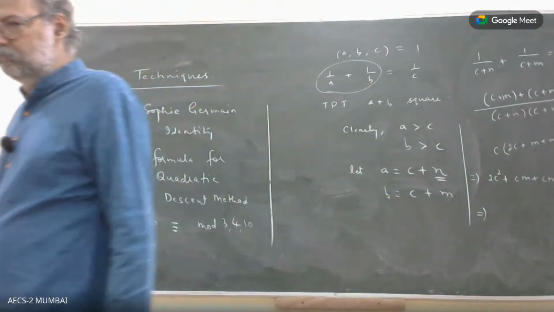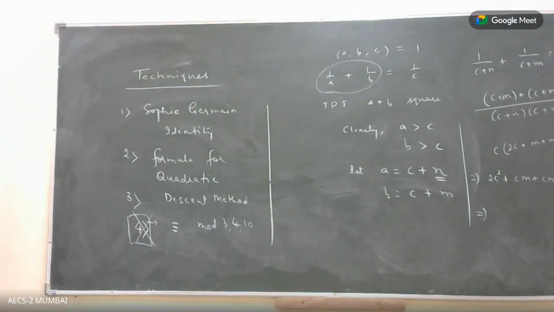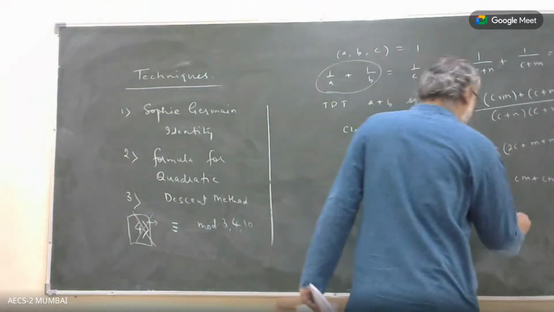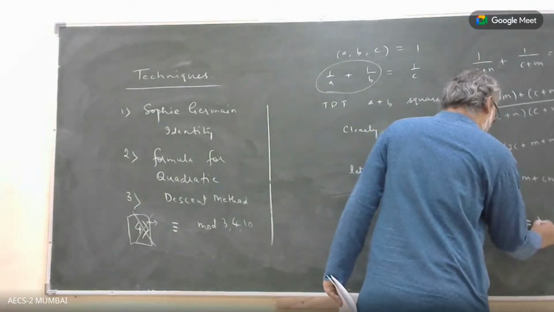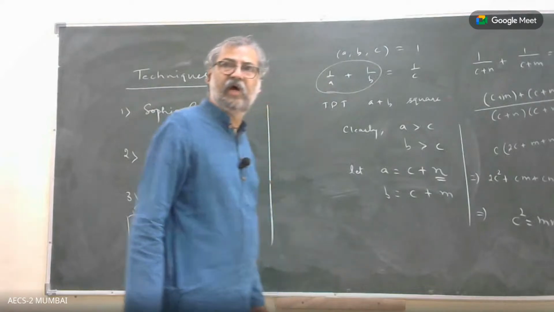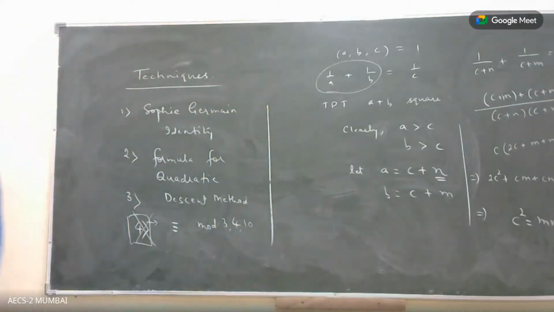Right? So now some cancellations and we will get c square equal to mn. Right?